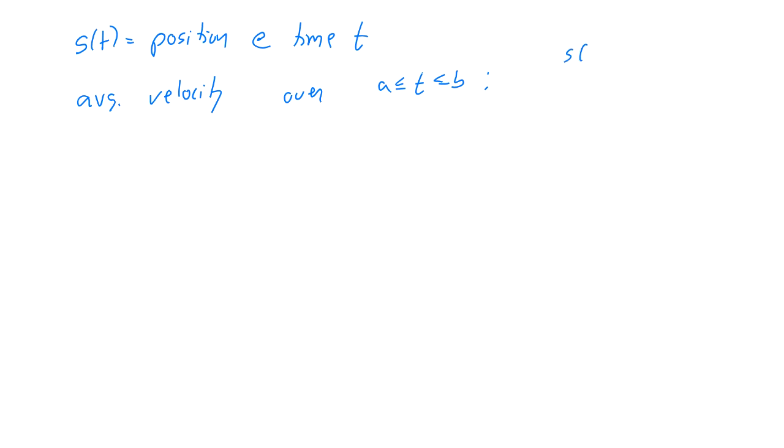So that would be S of B minus S of A divided by how much time has passed, which is B minus A.